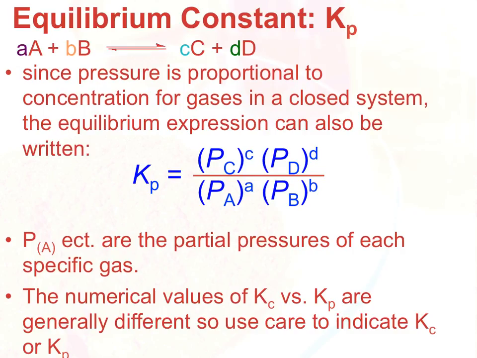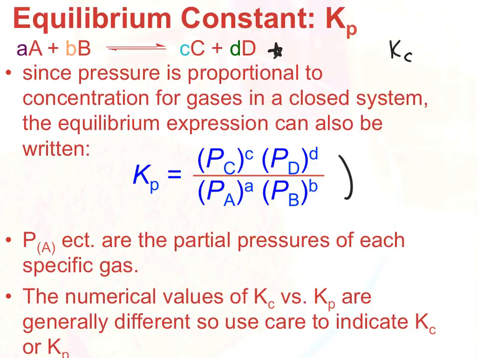So up until now, we've primarily been writing our equilibrium expressions with respect to Kc values. Basically, the concentration of our reactants and products is the type of data that we've been provided. Now we've talked about the fact that pressure is proportional to concentration for gases in a closed system. Because of that, we can still utilize this same procedure for writing the equilibrium expressions for closed systems of gases.